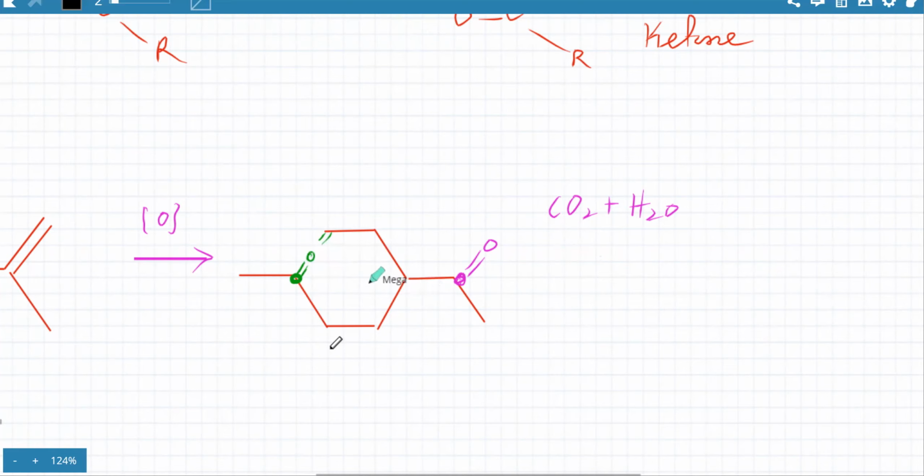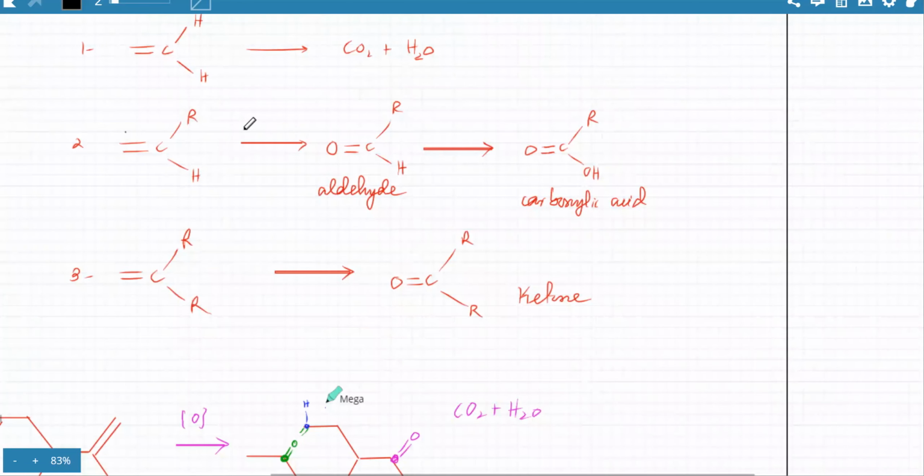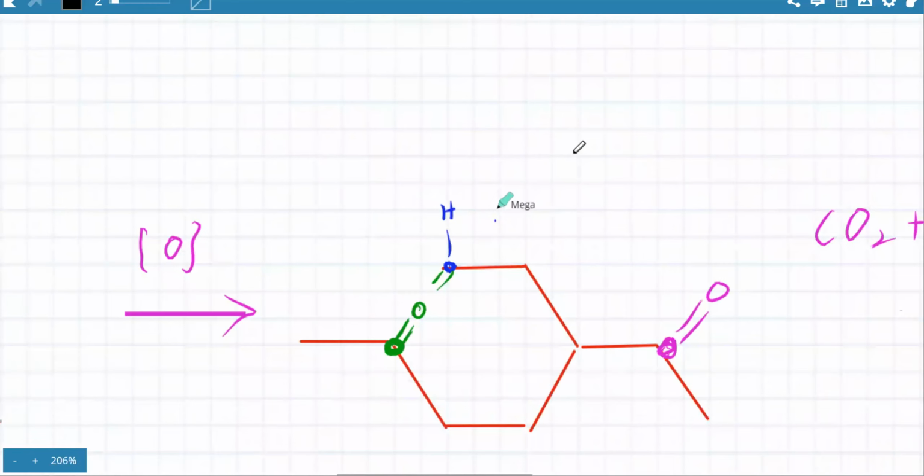And what about this top one? It had one hydrogen as well. It was the second scenario: it was making a double bond, with a carbon chain on one side and a hydrogen atom on the other side. So if you have one hydrogen, it would eventually change into a carboxylic acid.